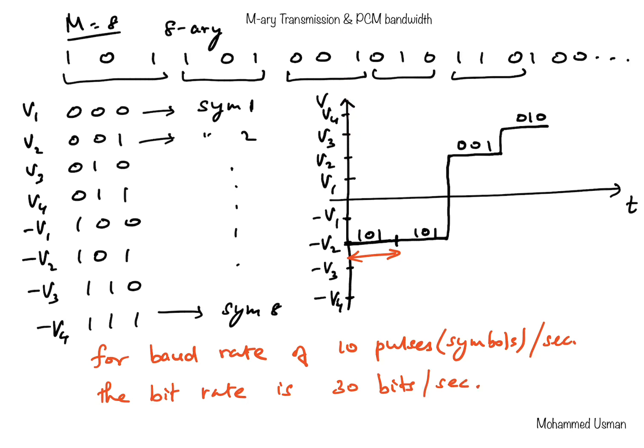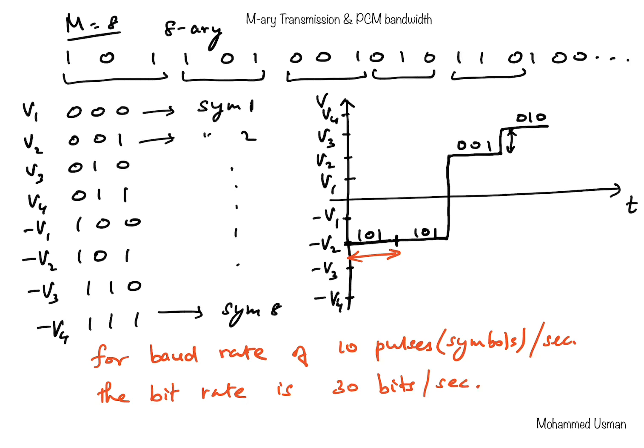So that means if we keep on increasing the number of symbols, then within the same peak to peak range, the separation between the voltage levels will become smaller and smaller, and that means the effect of noise will become more and more significant, because the voltage levels will get closer. The separation between any two voltage levels would become smaller and smaller if we keep on increasing the value of M.